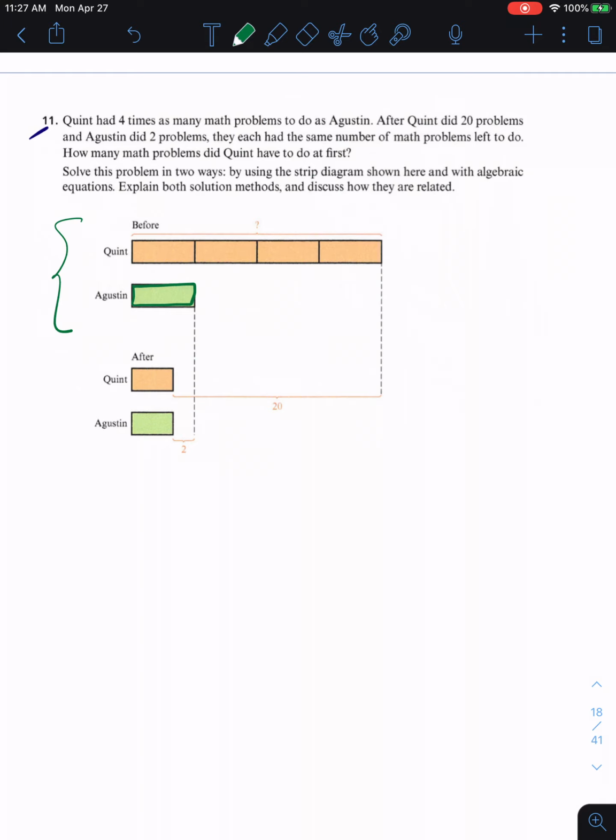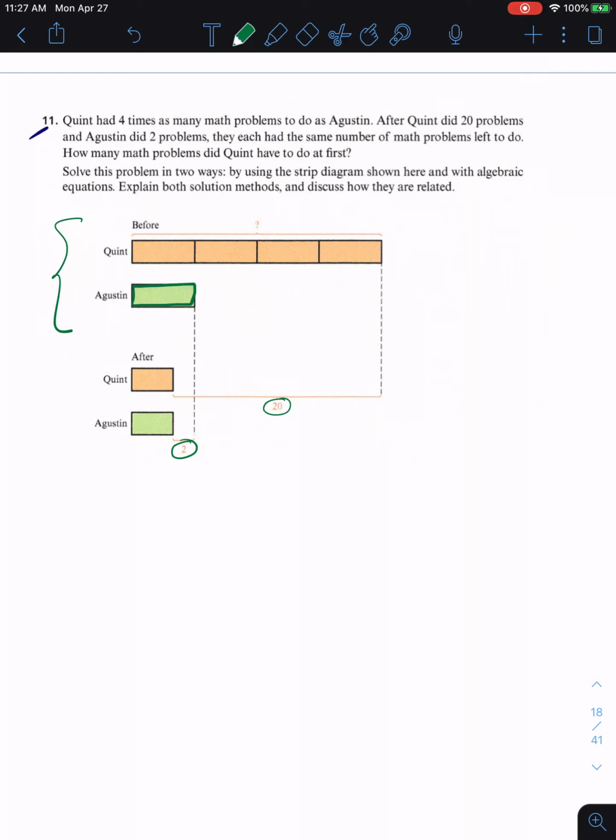After Quint did 20 problems, and Augustine did 2. Okay, so you see what's happening here. They each had the same number of problems to do. How many problems did Quint have?